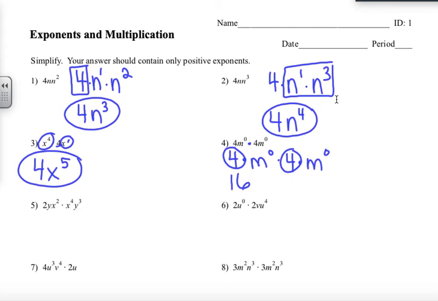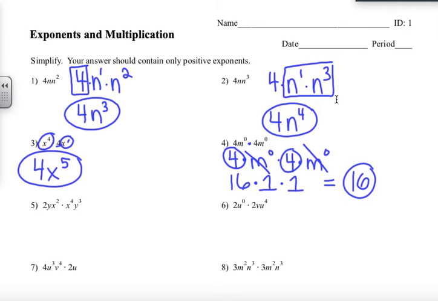Yes. The reason why it's going to turn into 1 is because anything raised to the power of 0 equals 1. So m to the power of 0 equals 1, m to the power of 0 equals 1. If you wanted to simplify, you could do 0 plus 0, which is 0. Altogether, you're going to get 1s. And 16 times 1 times 1 is just 16. So it's almost as if these cancel out with exponents.